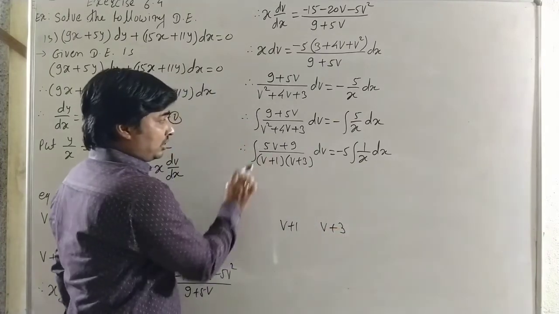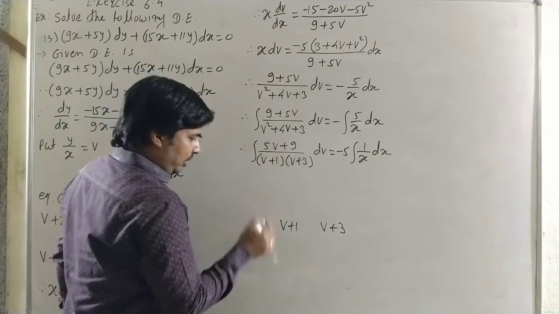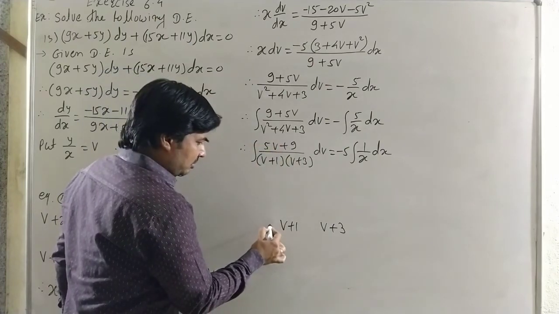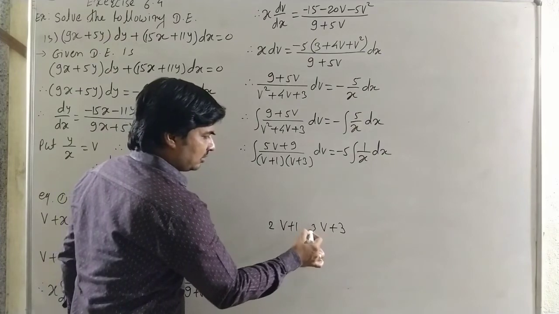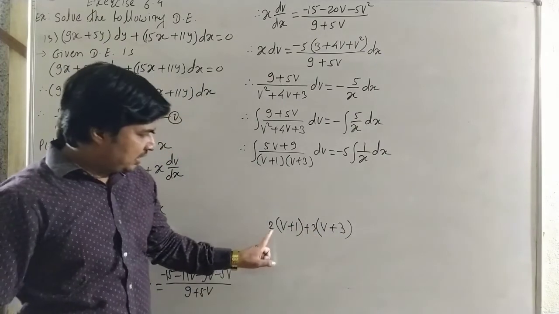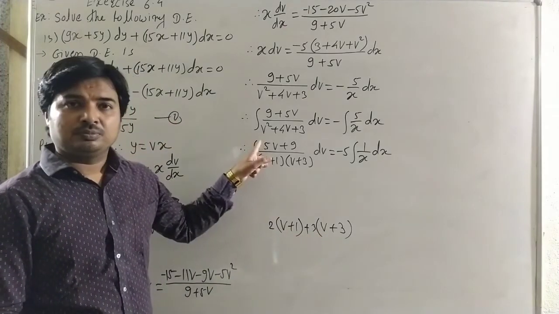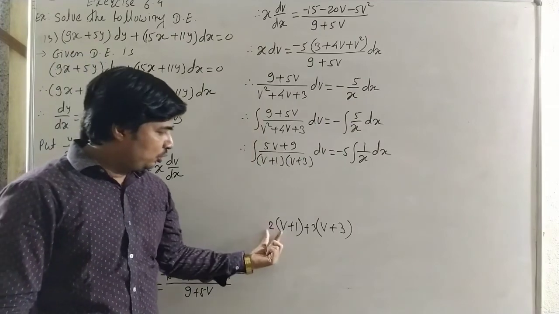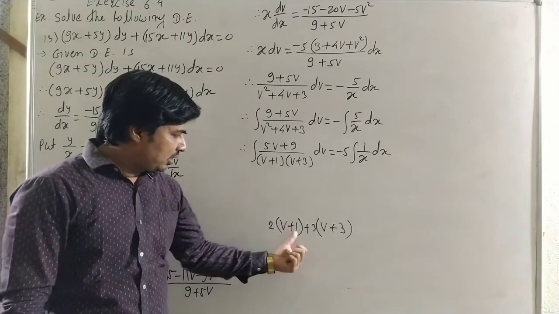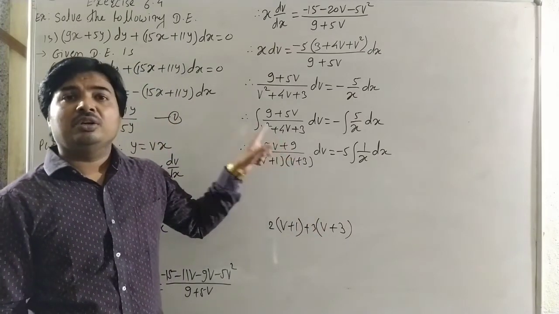But in the numerator there is 5v + 9. See carefully, when we multiply by 2 and 3 and take the addition, it is 2v plus 3v, it is 5v. We adjust only 2v plus 3v, it is 5v, but here 2 plus 9, it is 11, but it is not 11, it is 9.